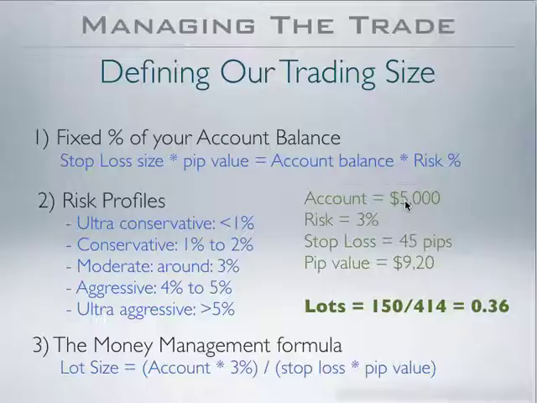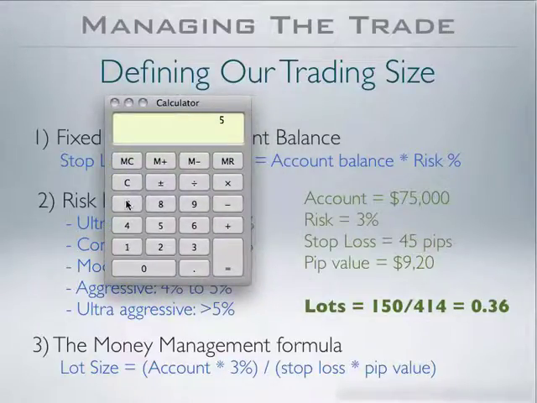Let me just put that in actual numbers. Instead of having a $5,000 account, let's assume we have a $75,000 account. Let me again bring forward my calculator. $75,000 multiplied by 0.03, that's 2,250.